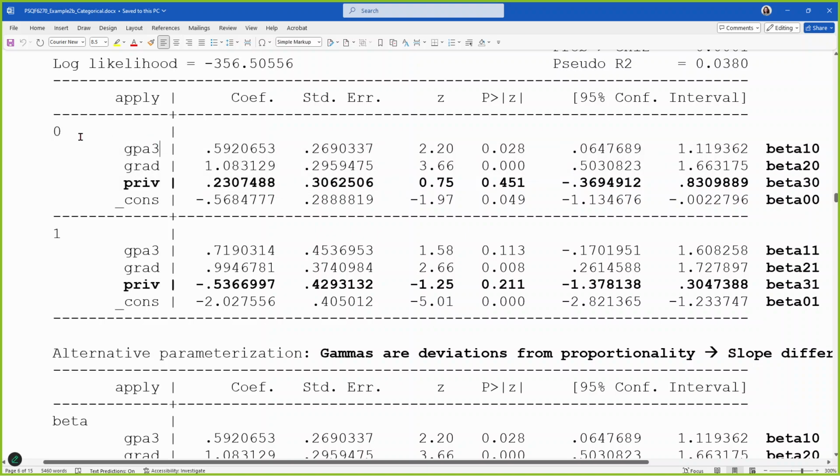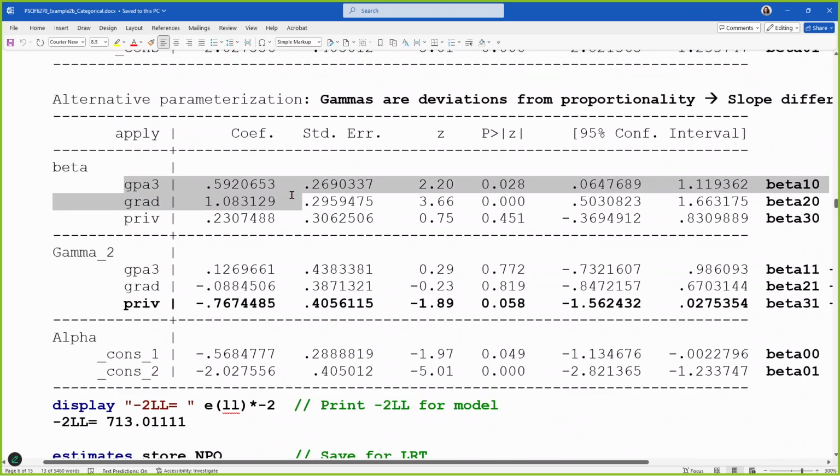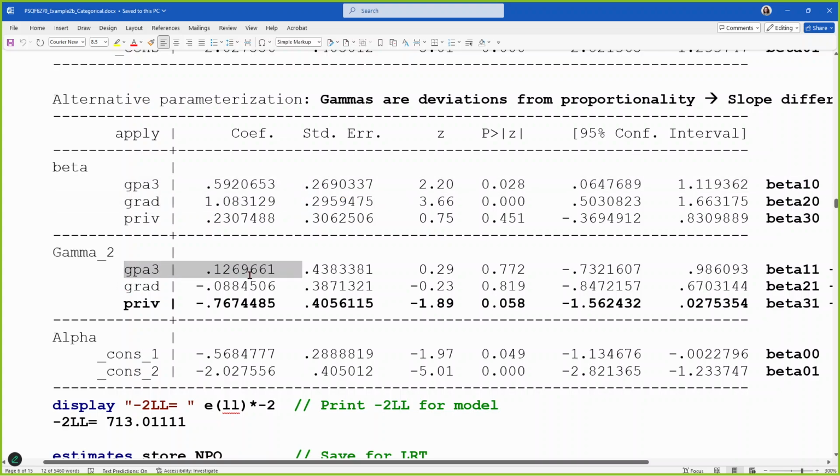That's this table right here, and it's labeling them based on your data. This is the submodel of predicting something greater than 0. This is the submodel predicting something greater than 1. These are the slopes within each submodel. Then this table essentially gets repeated as beta here. These are the slopes for the 0 model. These are how different the slopes are in the 1 model.